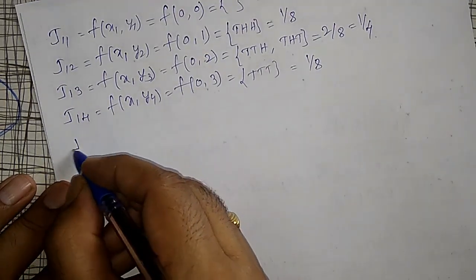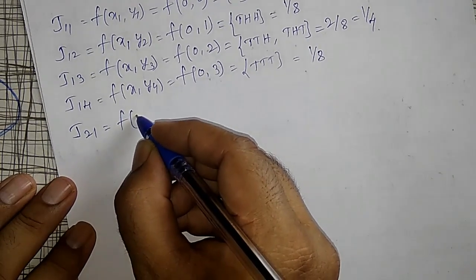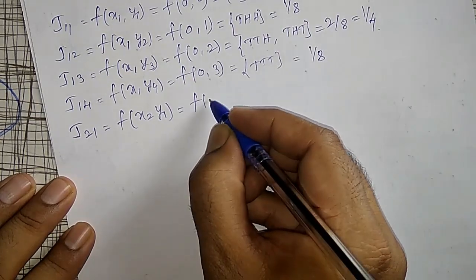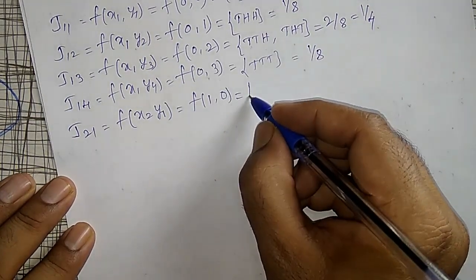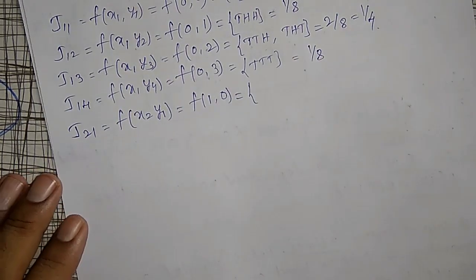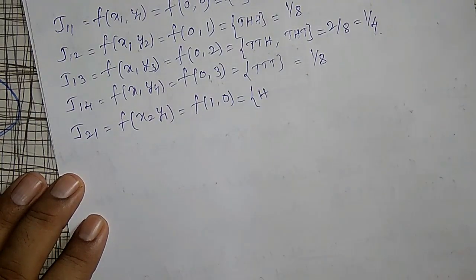Next, joint probability of 2 1, f of x2 y1, f of 1 0. 1 0 means the first toss should be head and there should be 0 tails.